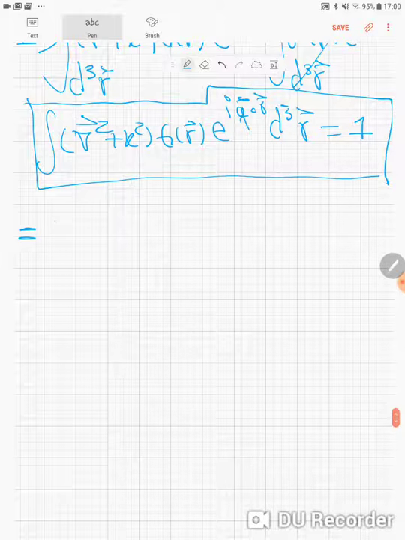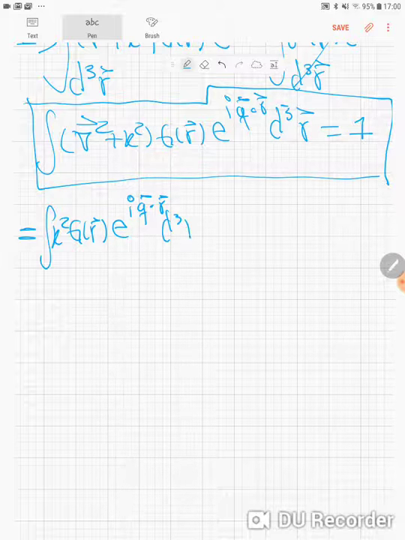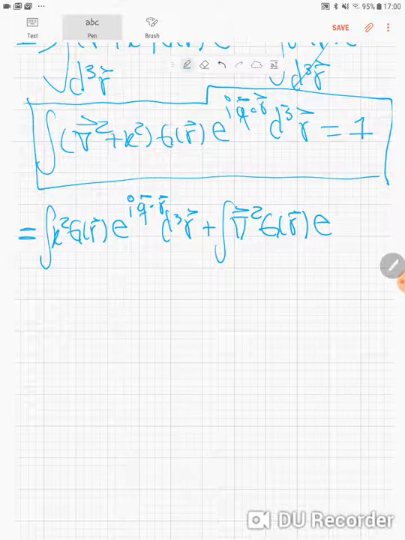So then what we can do is we have the integral k square G of r e to the i q dot r d3r, plus the integral of this Laplacian times G of r, e to the i q dot r, d3r.